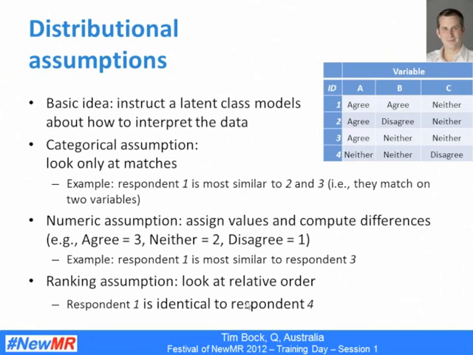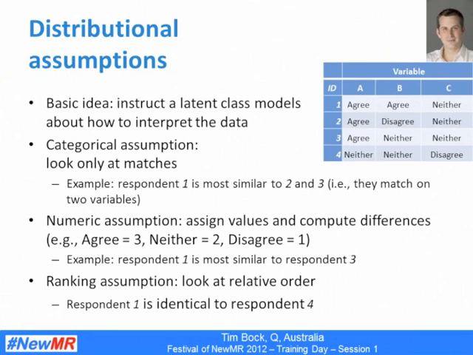And another assumption we can make, which we'll use to good effect later, is to just look at the data as having relativities. That is, we treat the ratings as if they're rankings. And the surprising thing here is that even though respondents 1 and 4 didn't give the same response to anything, if we assume their data is rankings, we actually assume they're identical, which is they both gave A and B the same rating.